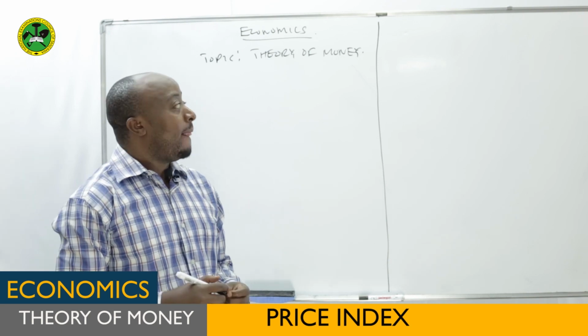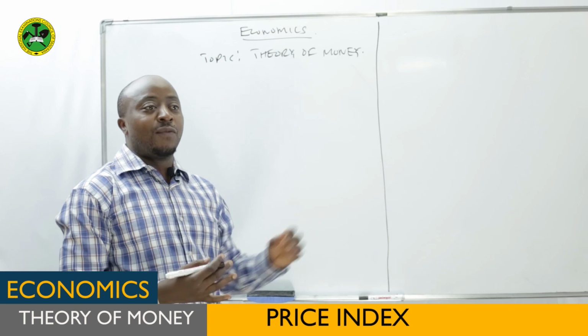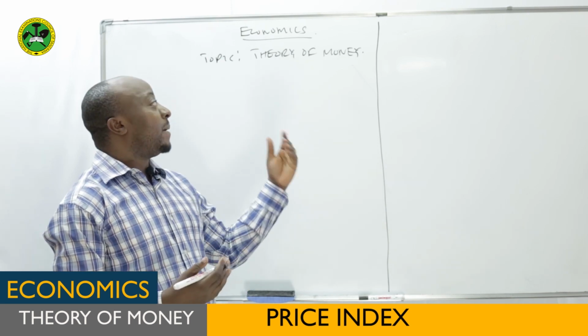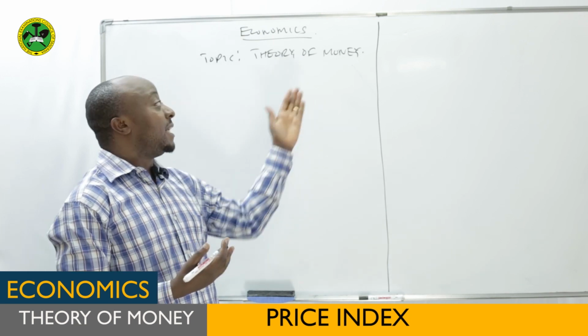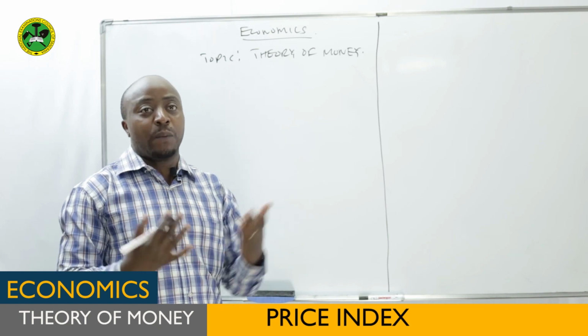Now money, we know what money is, we know the qualities of a good money, we know the functions of money. Probably we have covered even the part of inflation, because inflation is related with money. So this topic has several subtopics.